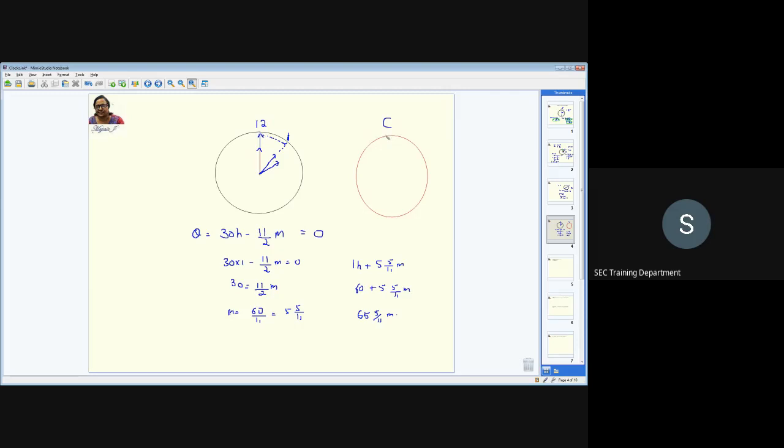Both of them I'm setting at exactly 12 o'clock. Then the correct clock will again coincide at 65 5/11 minutes, whereas this one is going to coincide at 66 minutes.